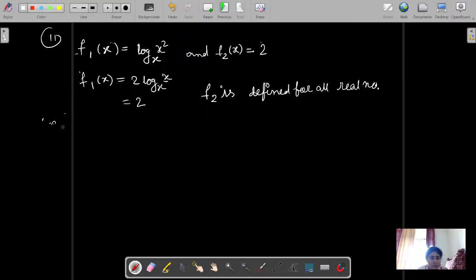So x will be greater than 0. This is a necessary condition, and then x cannot be equal to 1 also, right? As we learned the condition in the previous slide. So as per that, x will be greater than 0 and not equal to 1 also.